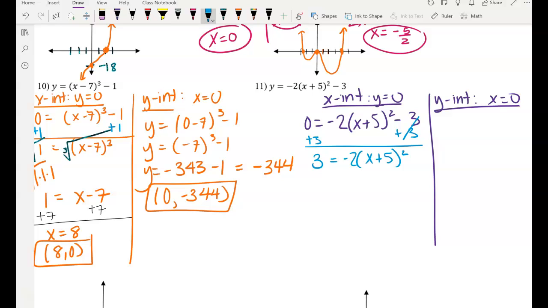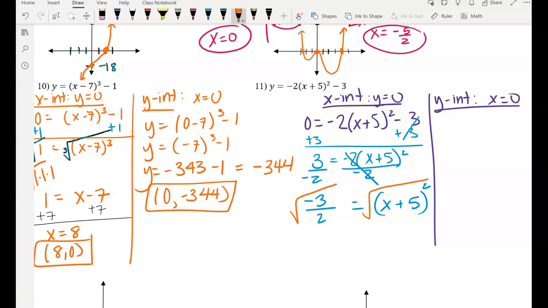So don't distribute inward. So divide by negative 2. Keep in mind, we are looking for the x-intercept, not solving. So x-intercept must have imaginary answers. Is that a true statement? X-intercept, we must have an imaginary? No. If it's imaginary, we can stop, right guys?